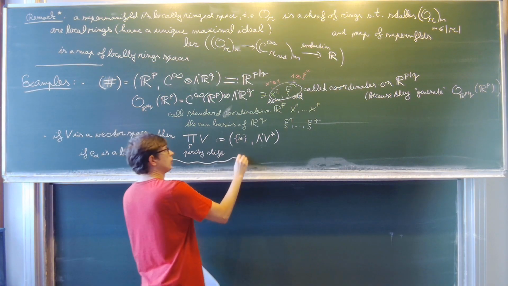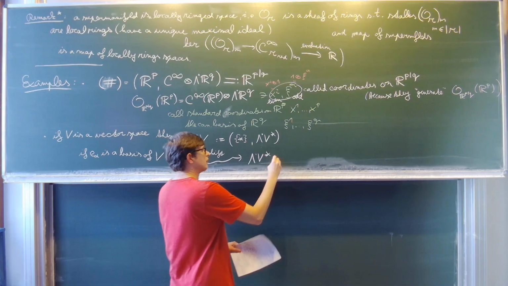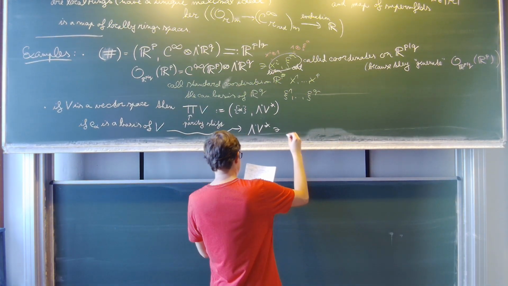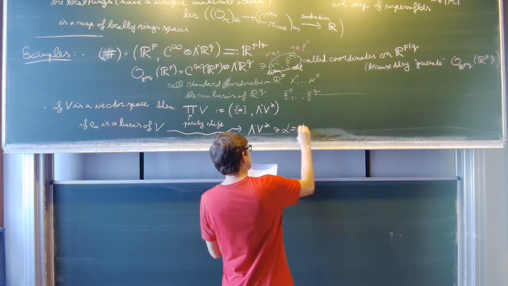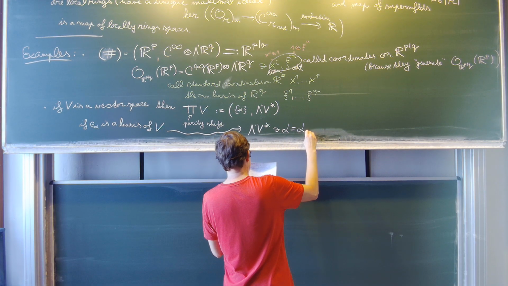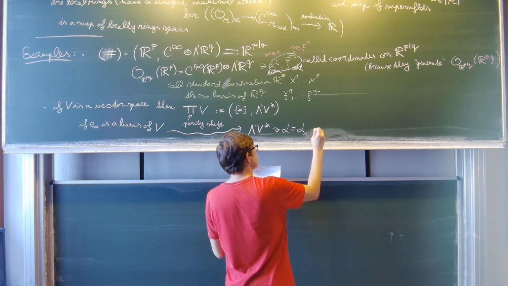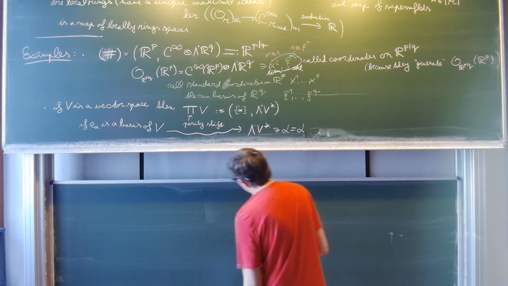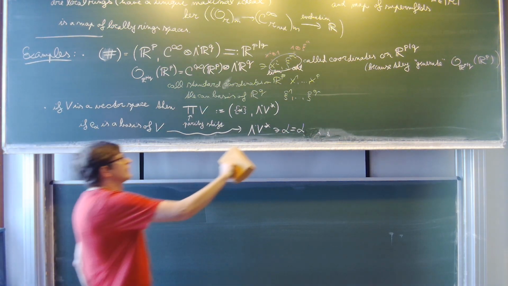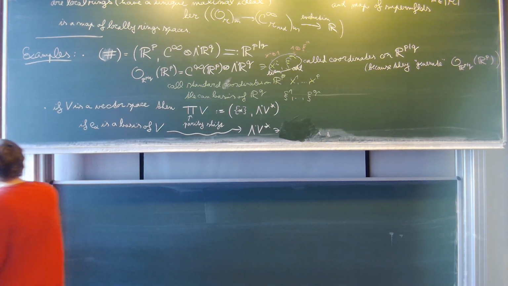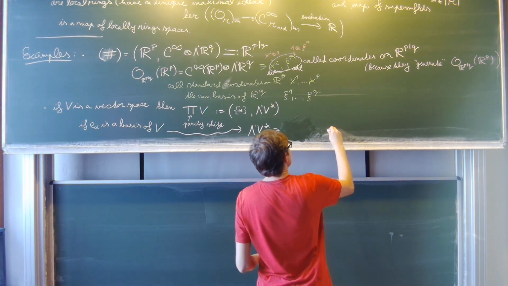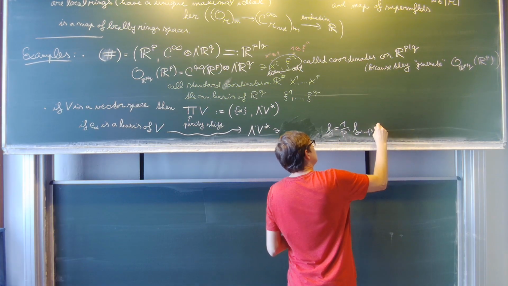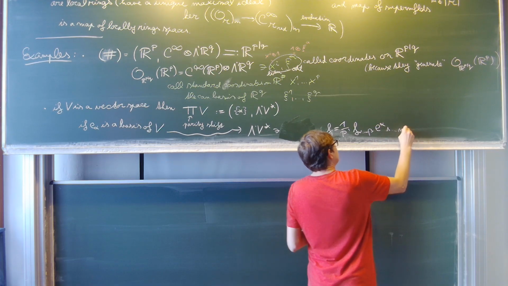Then if I take this wedge V star, any element in here, I call it F, you can write as 1 over P factorial F alpha beta, and then you have E alpha wedge E beta.